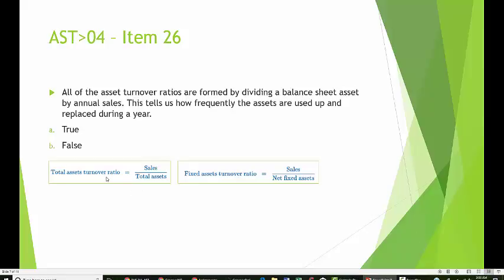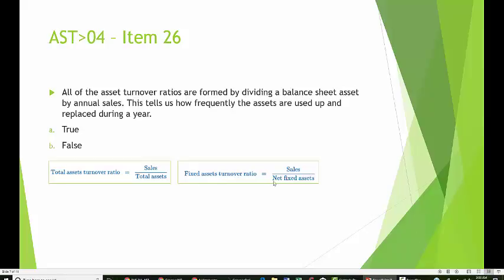We have two of them in this chapter, total asset turnover and fixed asset turnover. Both of them start with sales and divide by some level of assets. The total asset turnover ratio uses total assets, and the fixed asset ratio uses just the net fixed assets, plant, property, and equipment, less accumulated depreciation.